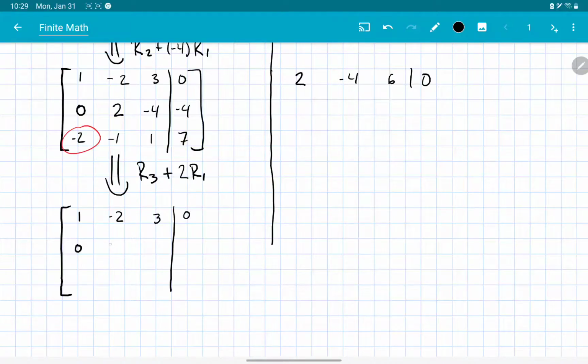The second row stays the same. Now we add 2 plus -2 is 0. -4 plus -1 is -5. And 6 plus 1 is 7. 7 like this. Any questions?